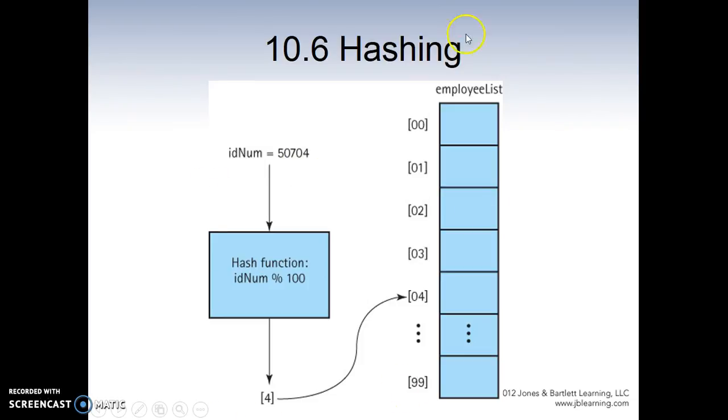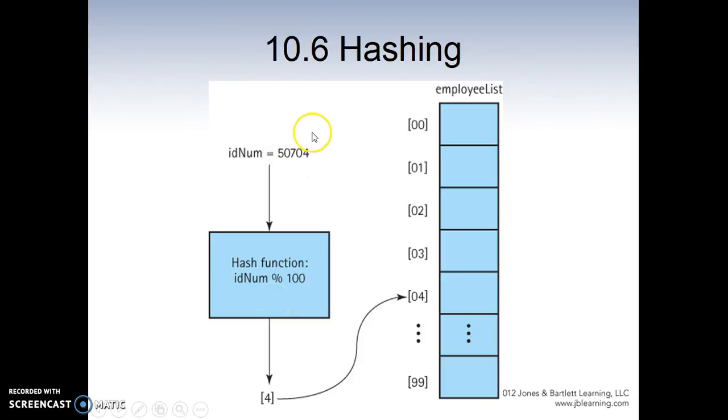We said, why don't we just create a hashing function instead and make a temp array? This is like a temp array of recently used entries, and it's a smaller array of size 100. Whenever we need this ID, we just put it into the hashing function, which is to take the ID mod 100.